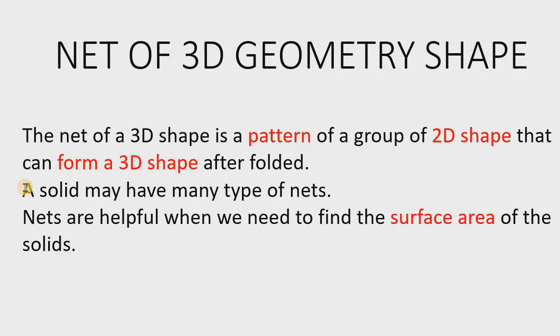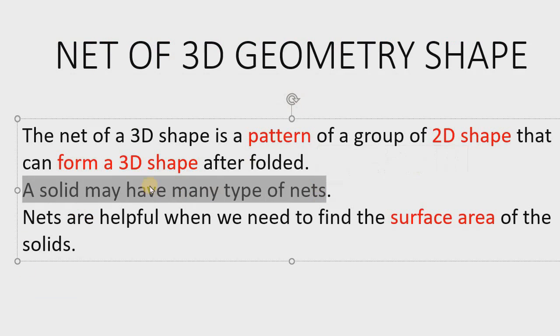A solid will have many types of net. That means the arrangement of net can be changed, but when the arrangement changes, you will still get the 3D shape back. In other words, the 3D shape can have more than one arrangement for the net.